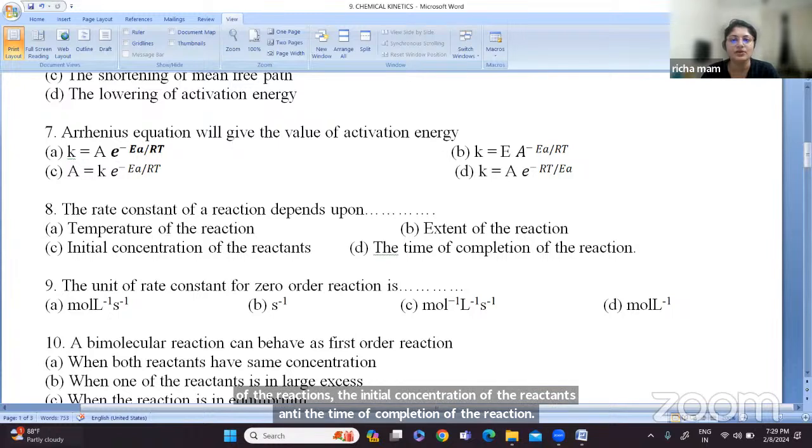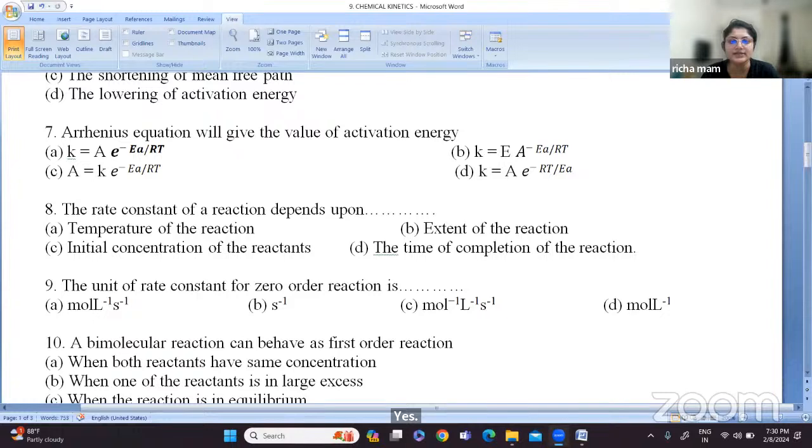Sushmita, Usha have answered it as C, initial concentration of the reactants. Rate of the reaction depends on what? Rate of the reaction. Yes.